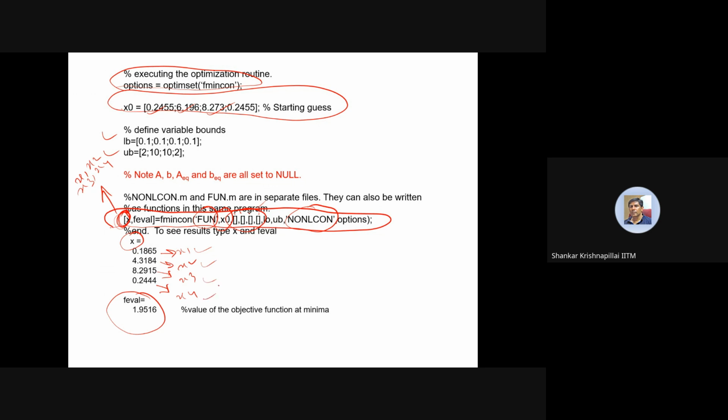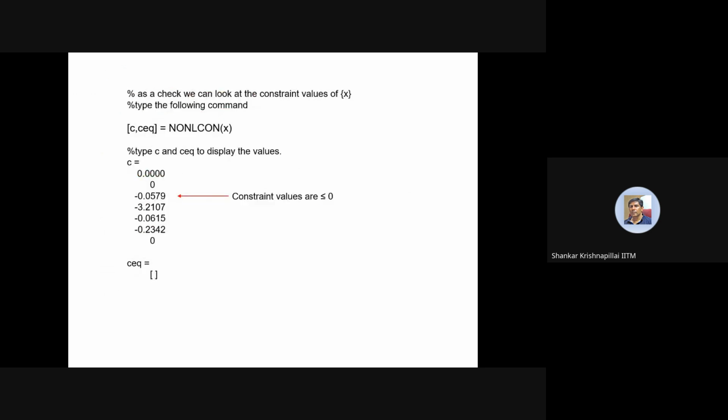Now you have to check if these are violating any constraints. So you type this line at the end of the program and press return, and it will show the values of C: C1, C2, C3 up to C7.